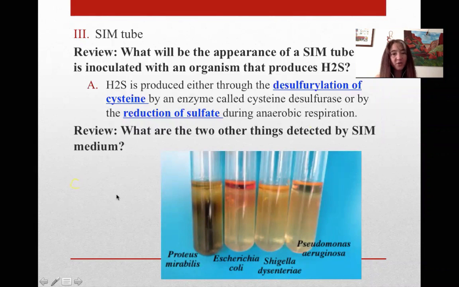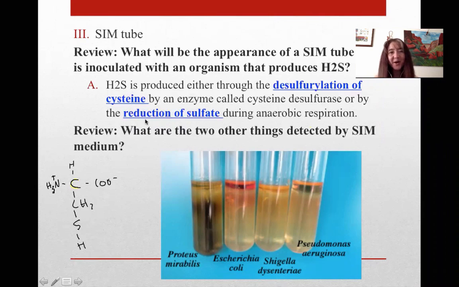So if we remember back to our amino acids with their central carbon and their hydrogen, their amino, and their carboxyl, as well as their R, well, cysteine is the one that has the sulfhydryl in it, so it's an S bond H. This can be desulfurylated, and that leads to the formation of hydrogen sulfide. That's one way that we can see the production of H2S.